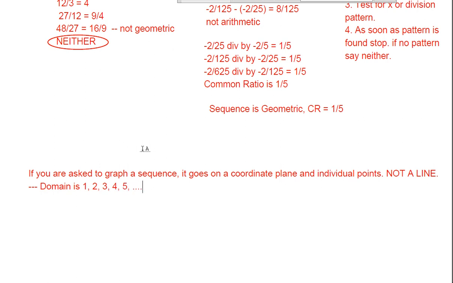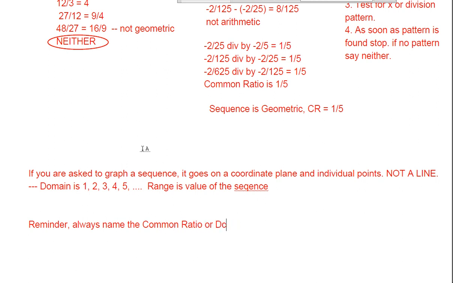So the first term goes on x equals 1, second term on x equals 2. Your range, or your y's, is the value of the sequence. Okay, and just as a reminder, always name the common ratio or common difference.